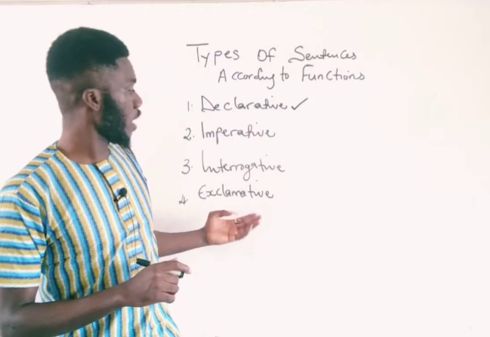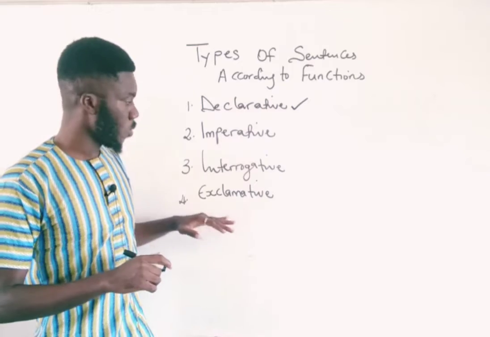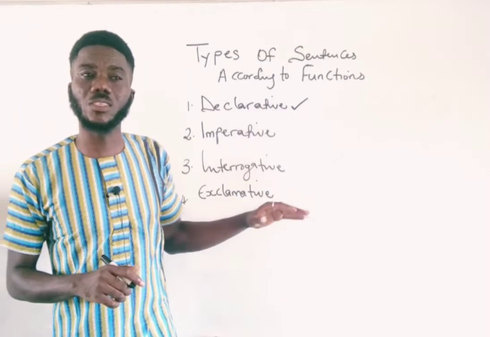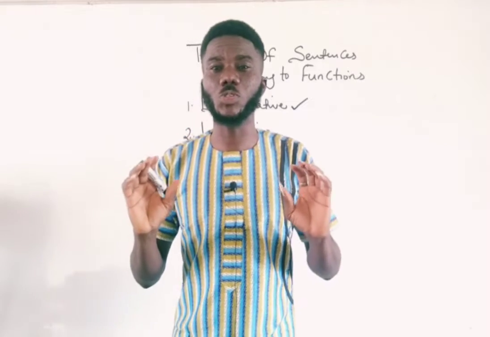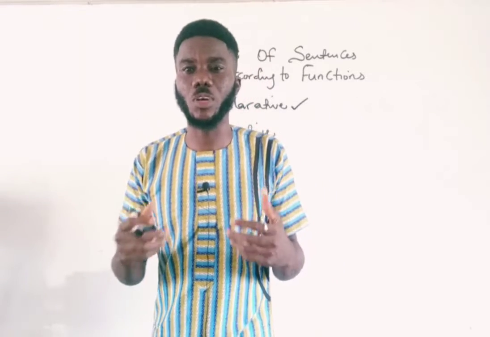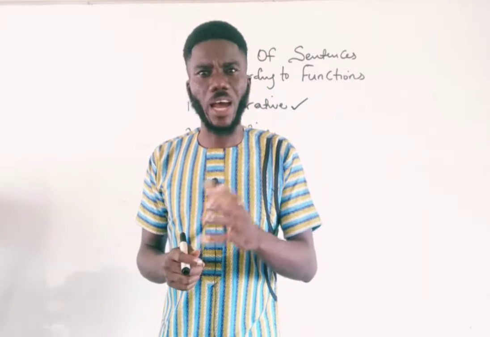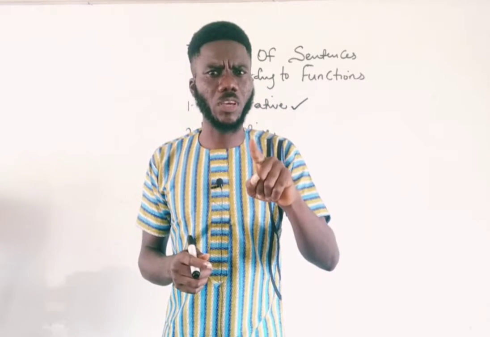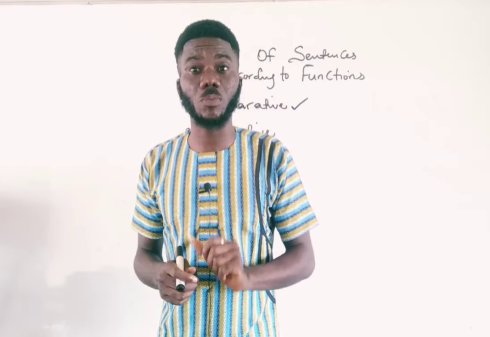Okay, we have the exclamative. What you have here is a sentence that comes in the form of an exclamation. This is what you use to express shock, to express surprise. "Wow, are you for real?" Whenever you see any of such sentences, it normally ends with an exclamation mark.